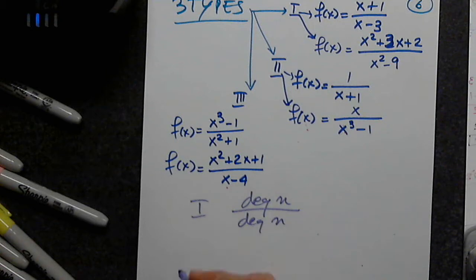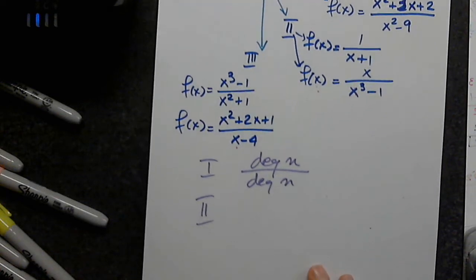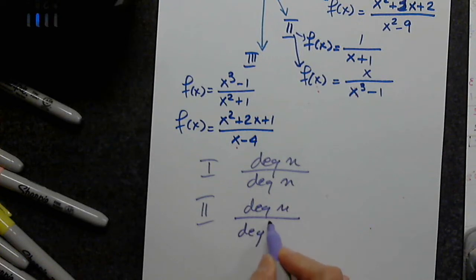Type 2: the degree on top is less than the degree on bottom. So degree n on top and the bottom degree definitely greater than n, not equal to. Perfect.